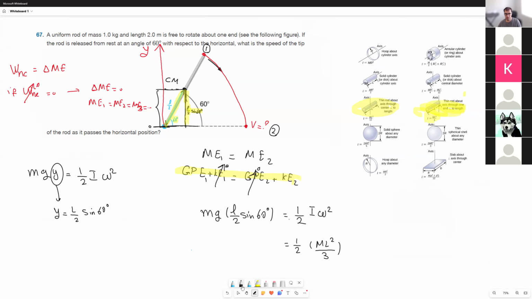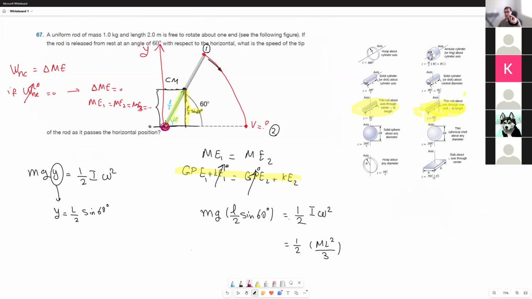Okay, can you repeat that, Professor? Okay, so it's a rod. This is a rod. The axis of rotation is this guy, a point on the axis of rotation.